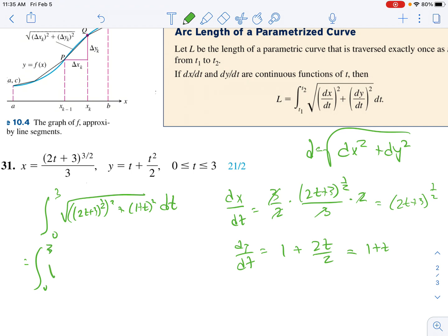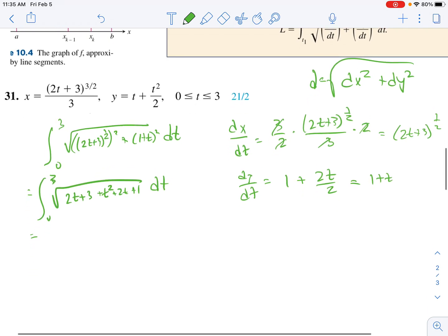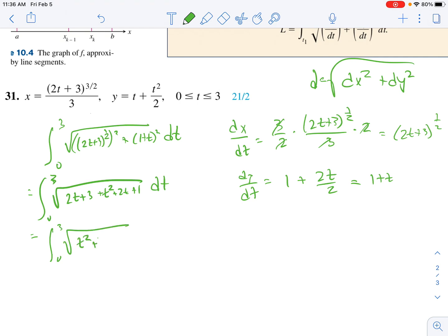The square root of this just becomes 2t plus 3, and this becomes plus t squared plus 2t plus 1, and then dt. And so we're continuing to do our algebra here on the inside: square root of t squared plus 4t plus 4 times dt.